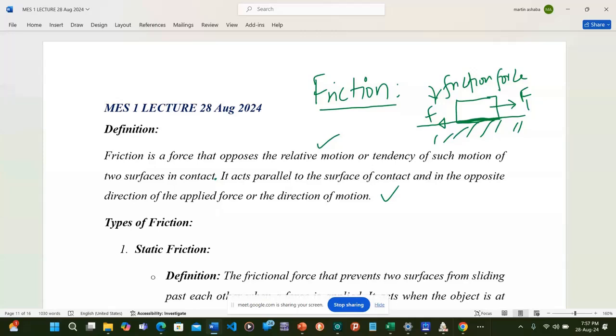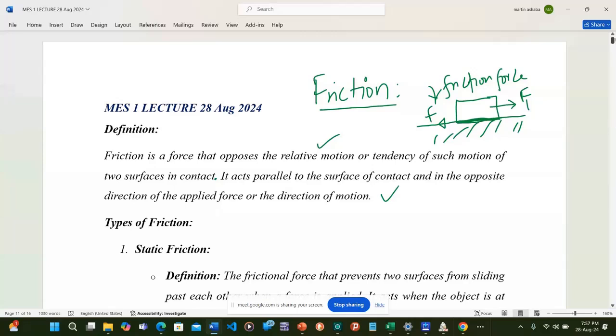I will experience a force F, which is called frictional force, at the interface between the box and the ground. So that force I'm applying will experience another force that is going to oppose it, and this is due to friction.